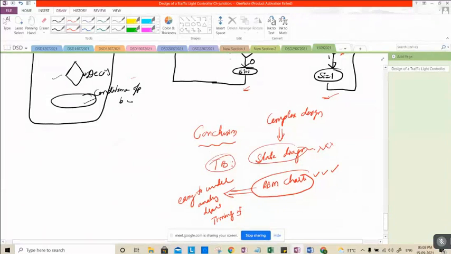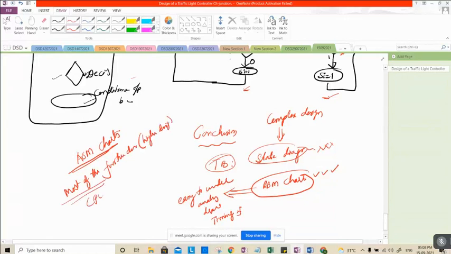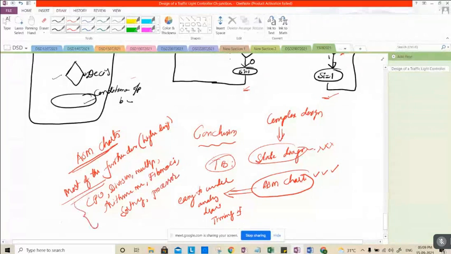So this is the textbook conclusion. Now why have I taken up these ASM charts? The reason is that most of the further or higher designs, like a CPU, or the design of a division circuit, or a multiplication circuit, or a circuit used to find the arithmetic mean, or the Fibonacci sequence, or a sorting circuit, or any other processor, are all explained with the help of ASM charts only.